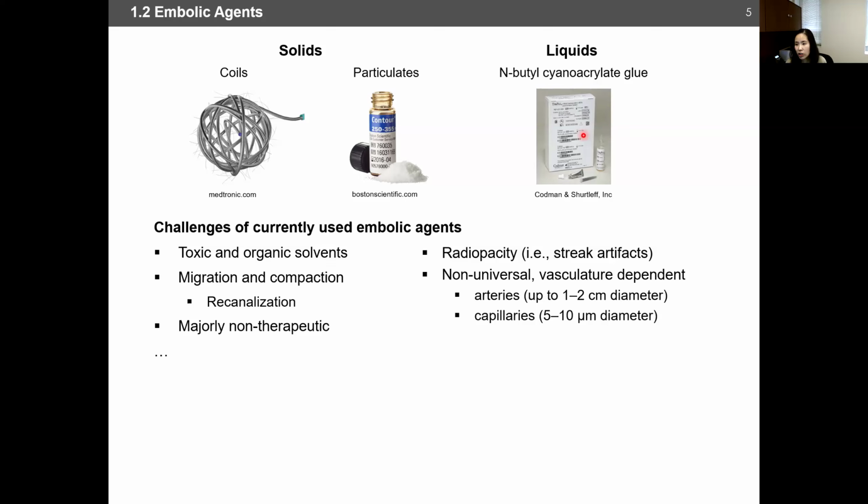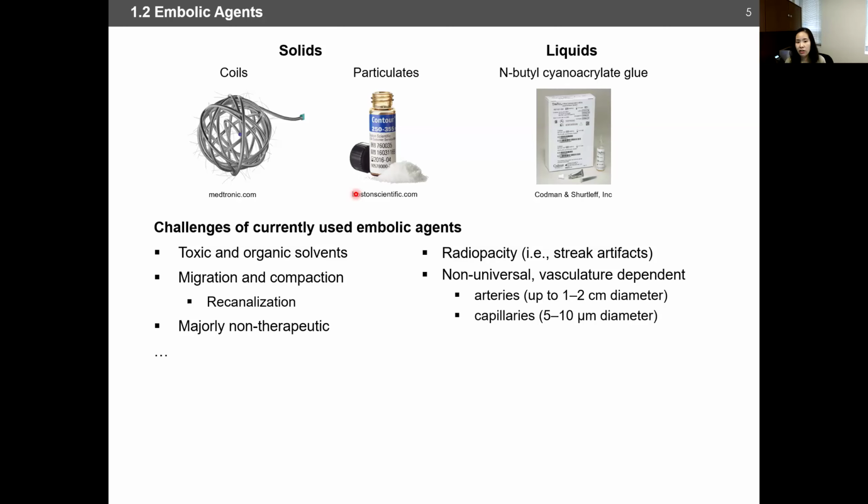But they're all associated with some advantages and disadvantages, one of which is that the solids, for instance, cannot occlude the very soft blood vasculature 100%. That will cause recanalization, meaning that the already occluded blood vessel will reopen, so that the patient has to come back and redo this procedure.